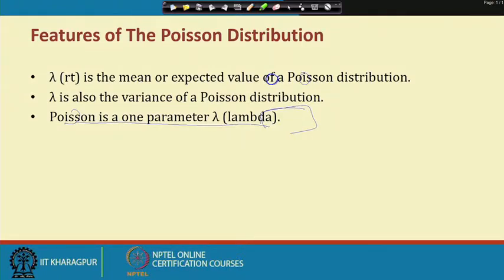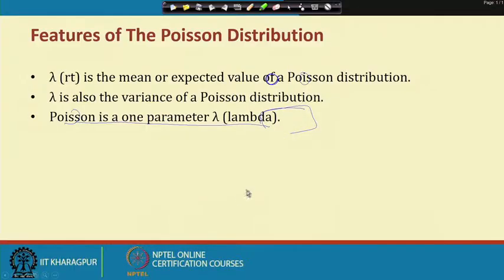That is the first checkpoint: the data structure. The second checkpoint is the mean and variance of the parameter, and it will give you the clue whether to move towards Poisson regression modeling or negative binomial distribution modeling.